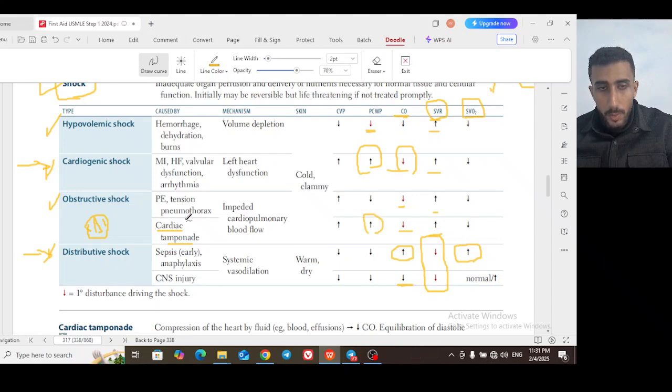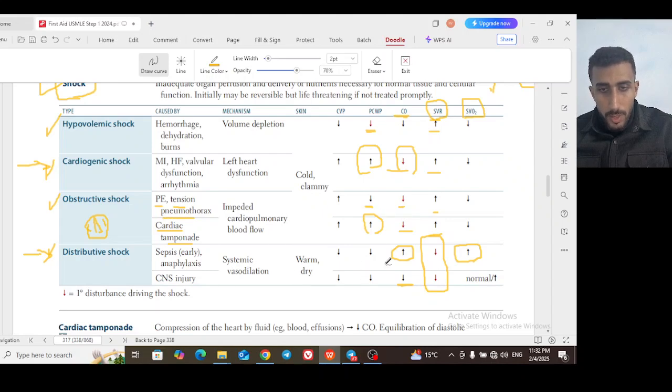Unlike pulmonary embolism or tension pneumothorax, you remember that the pulmonary capillary pressure again equals the left atrial pressure. So if a pulmonary embolism obstructs the pulmonary artery, not enough blood will flow to the left atrium, and the tension pneumothorax may compress the artery also and disturb the circulation. So you will have decreased pulmonary capillary wedge pressure.